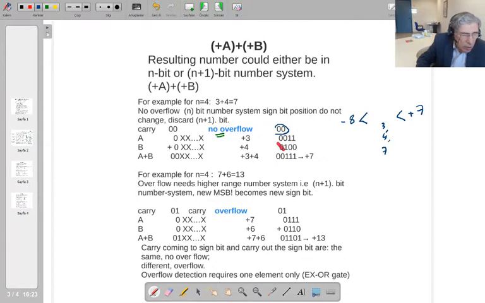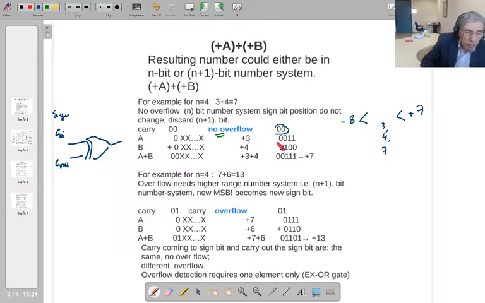So that means a carry bit coming into the sign bit and a carry bit coming out of the sign bit, if they are the same, no overflow. So this is only one XOR gate, see. If you say that this is an XOR gate, one input is the carry in to the sign bit, and the other is the carry coming out of the sign bit.